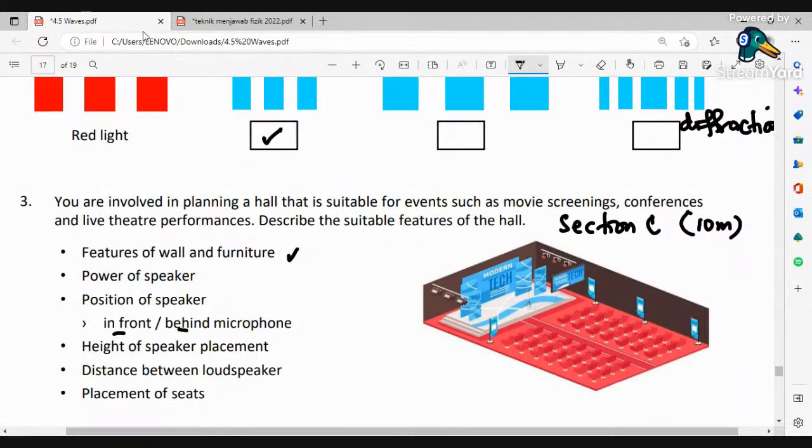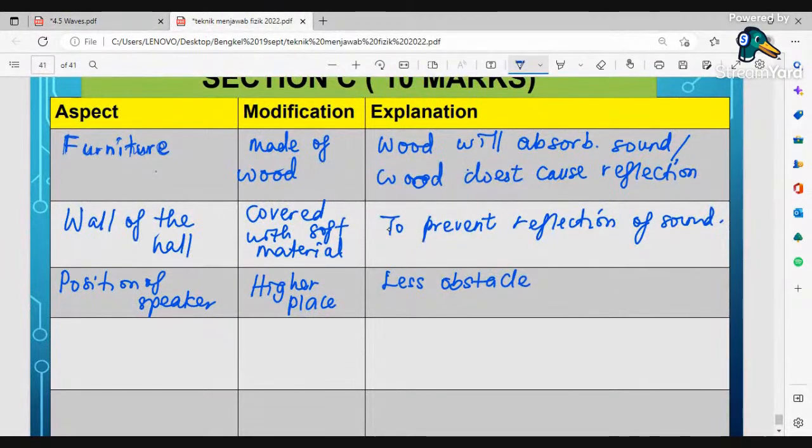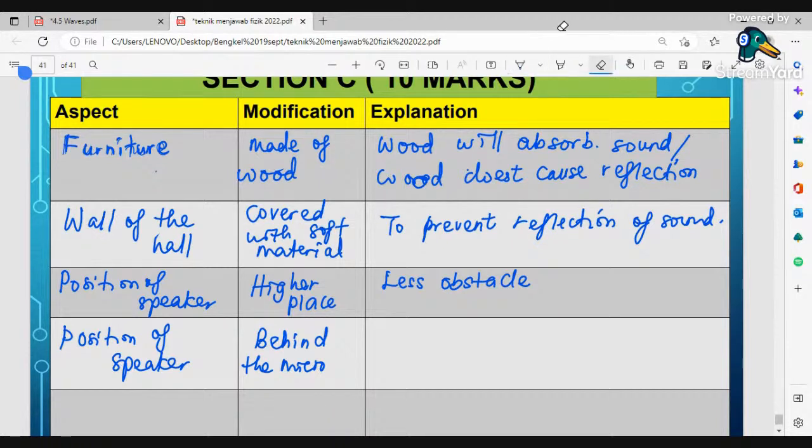Microphone. Another one. The microphone is behind, sorry.